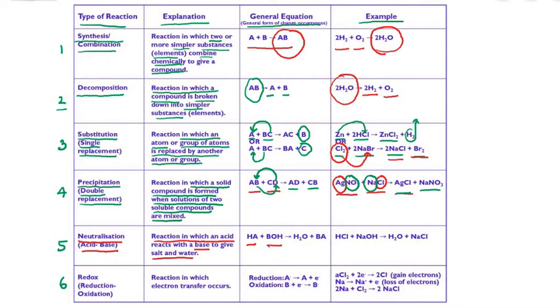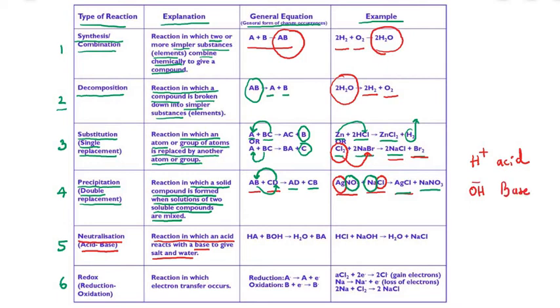Now one has to understand why in the place of acid it has been mentioned as HA, right? So we have already learnt in our previous classes, that is in our lower standards, any substance which gives H plus ion in aqueous solution is called what? Acid. Similarly, any substance which gives OH minus ions in aqueous solution is called a base.